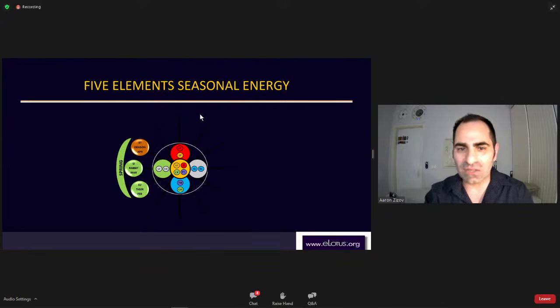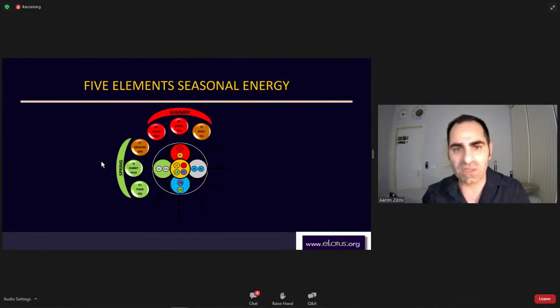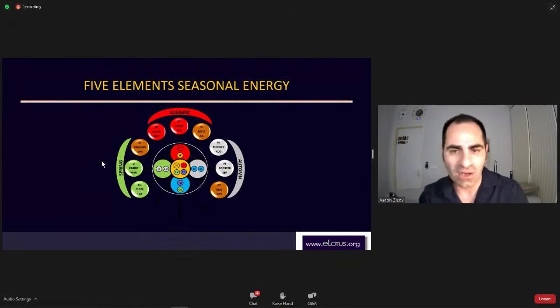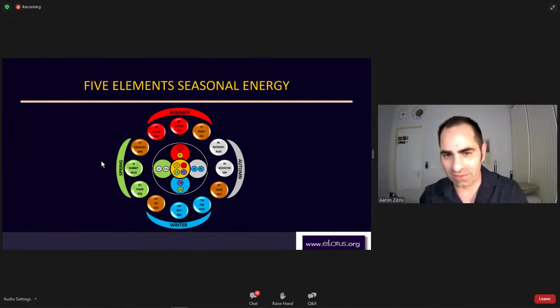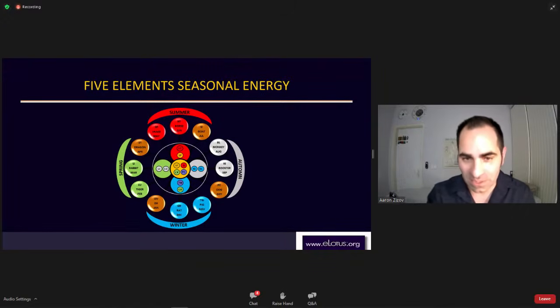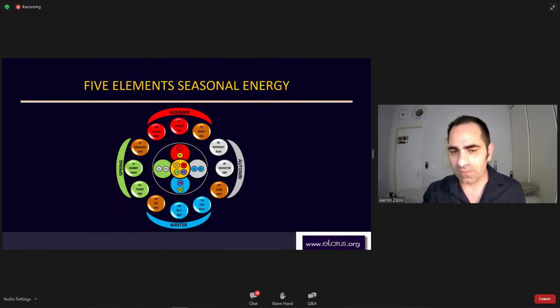So we have the seasonal energy of the 5 elements to understand how the elements are built. In springtime, we have the energy of wood, obviously, summertime is fire, autumn is more metal, and water is winter. This kind of energy can work for us, and eventually it is about how to help the patient feel better.